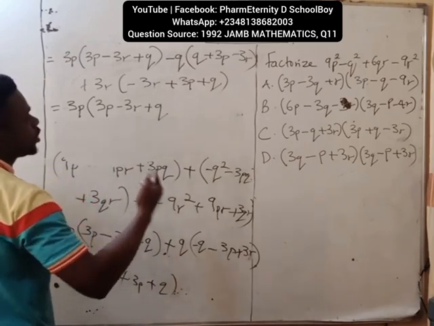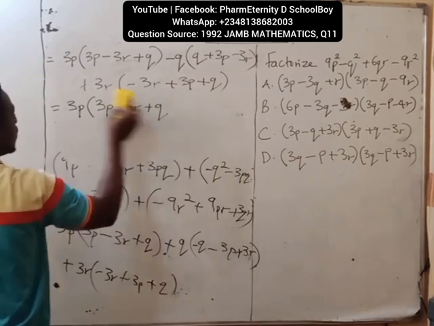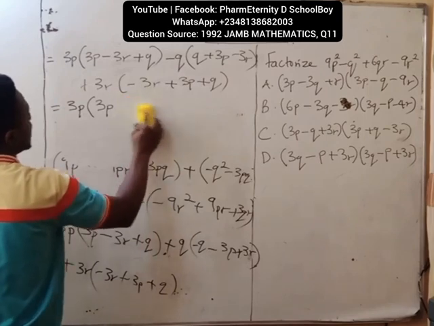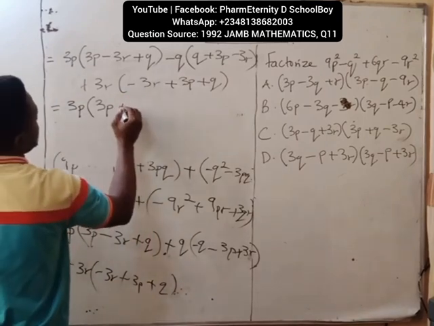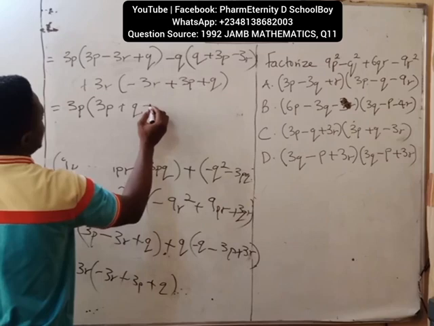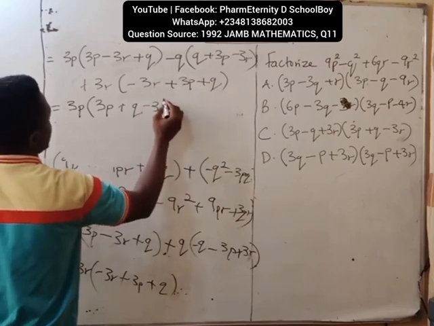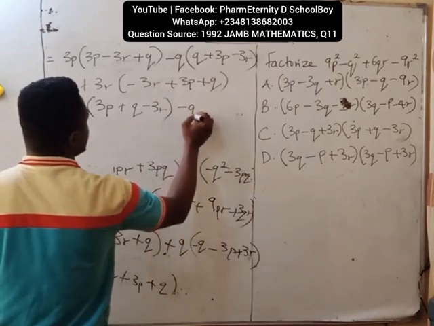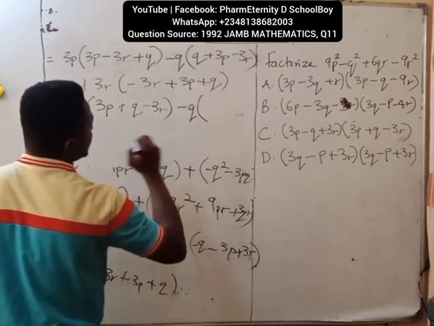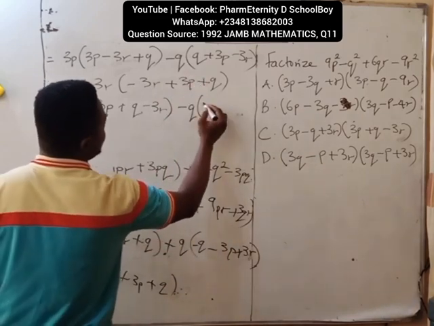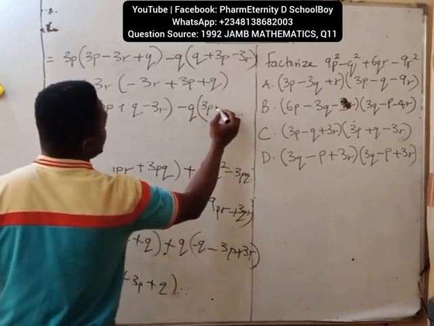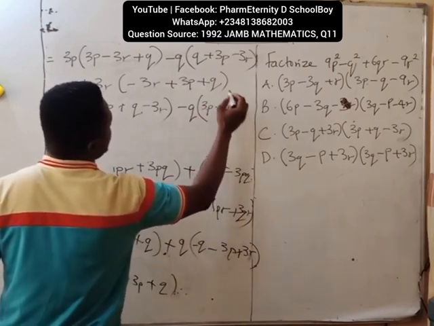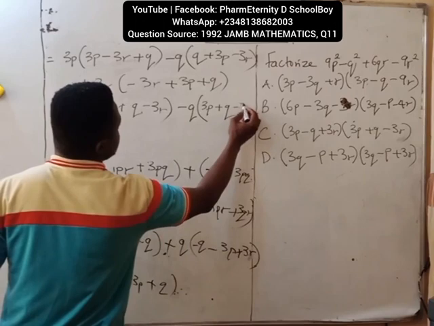Alphabetically, p, q, r. So q should come before r, sorry. So we have plus q minus what? 3r. Now we have here minus q in brackets. We have p should come first, 3p, followed by q plus, followed by r minus 3r.